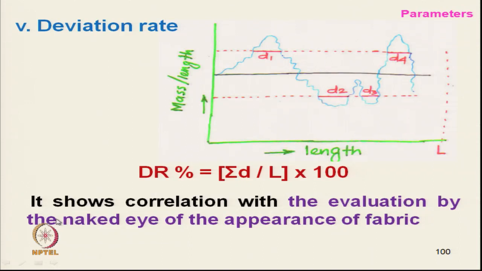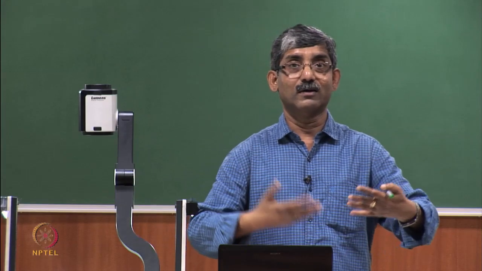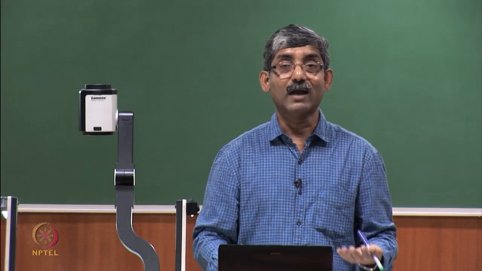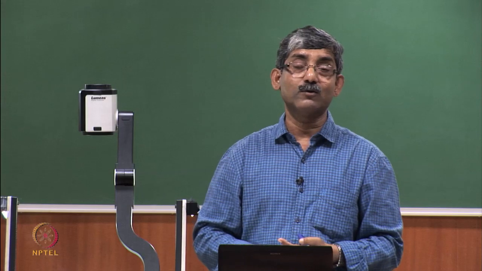So, DR percent shows the correlation with the evaluation by naked eye. It shows the appearance from this value. Higher DR percent means the yarn will actually look uneven, and the actual appearance of the fabric will be patchy.